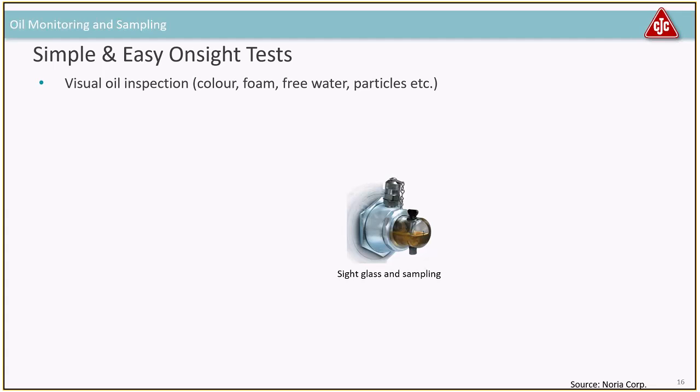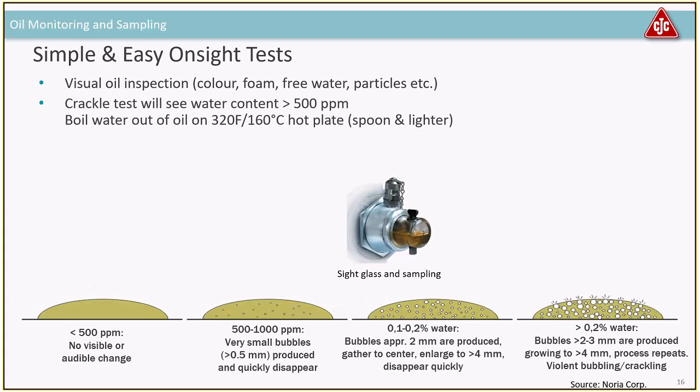Also, if you draw the sample, look at the bottle itself. Can I see through it, can I not, and what kind of things. Also, you can do the quick and what is called a crackle test. So you put a drop of oil onto a hot plate and look at if it's bubbling or crackling, and the crackling sound.